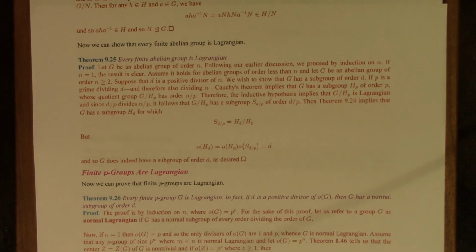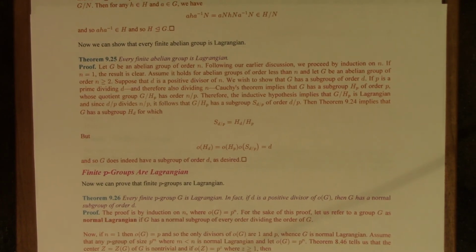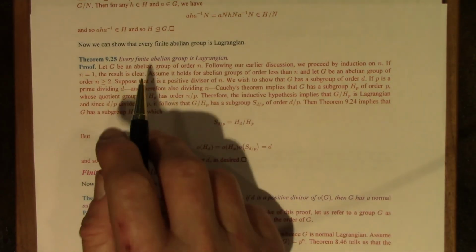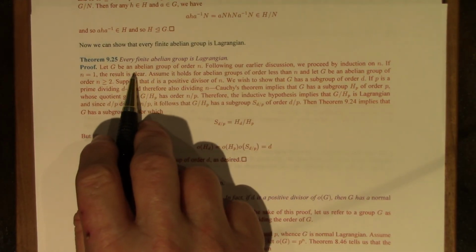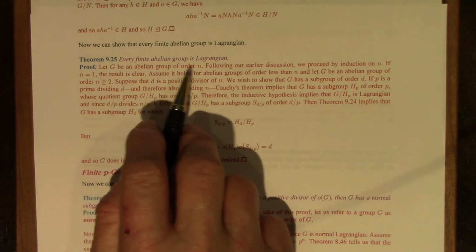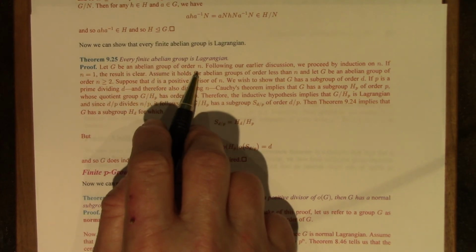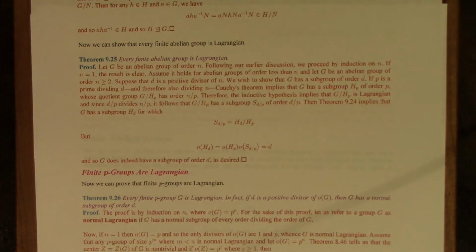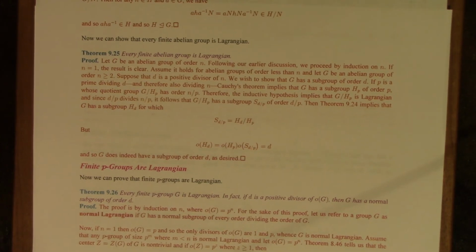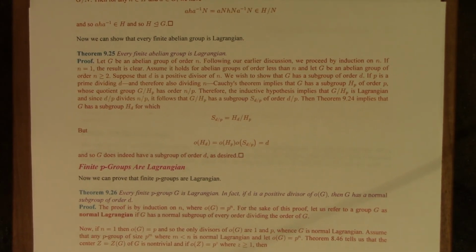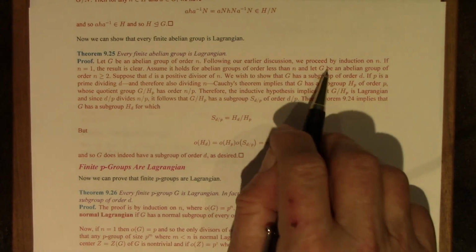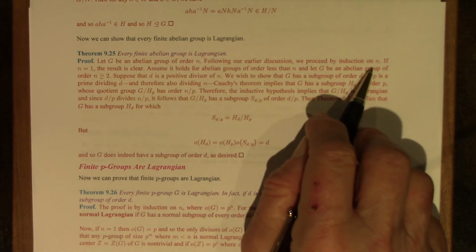Now we can show that every finite abelian group is Lagrangian. So let G be an abelian group of order n. And then we're going to use this inductive argument that we've discussed before. So we're going to proceed by induction on n.